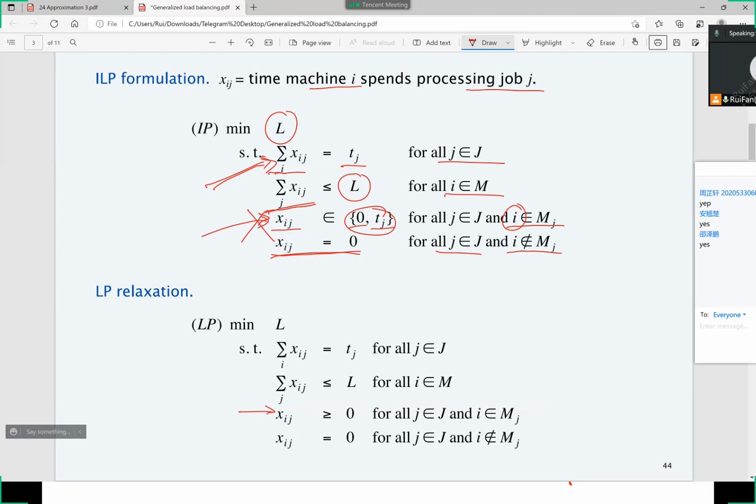So we use this relaxation where, instead of requiring integer values, we just require non-negative values. In other words, any solution which satisfies the integer program is also going to satisfy the linear program, maybe not vice versa. But anything that satisfies the IP will satisfy the LP, and so therefore the minimum for the IP is going to be at least as large as the minimum for the LP.